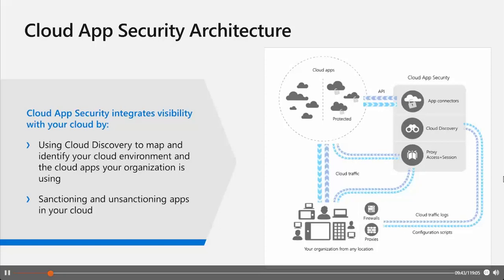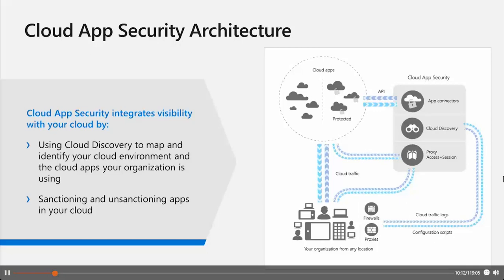To connect an app and extend protection, you as the administrator authorize Cloud App Security to access the app. Then Cloud App Security queries the app for activity logs, and it scans data, accounts, and the cloud content. So Cloud App Security can enforce policies, detect threats, and provide governance actions for resolving issues.